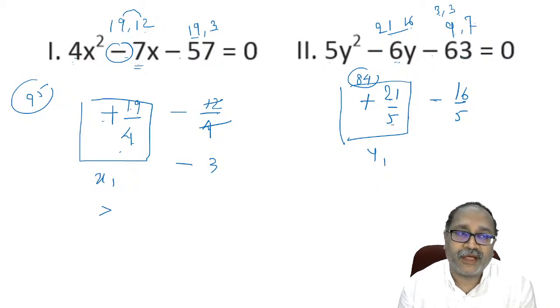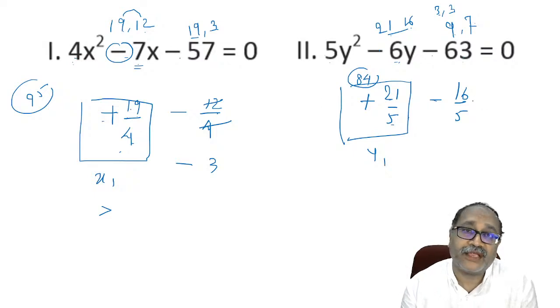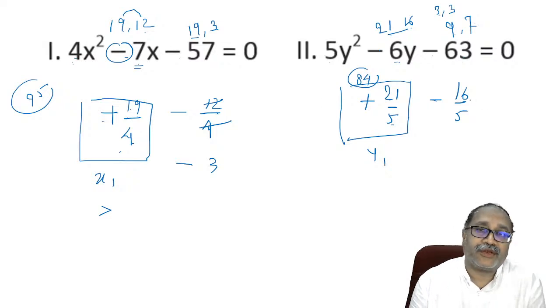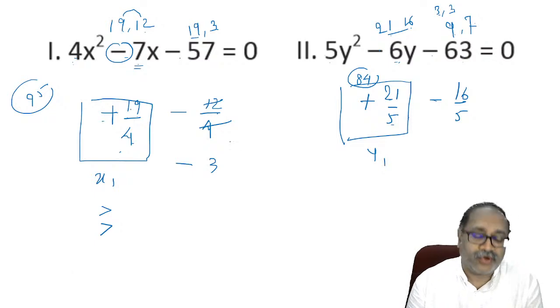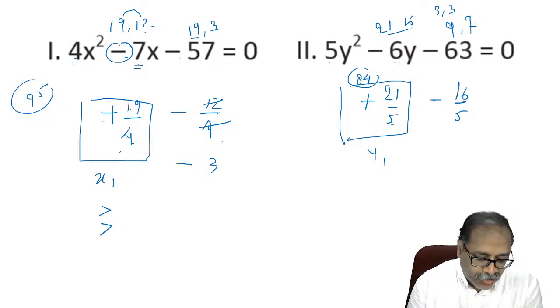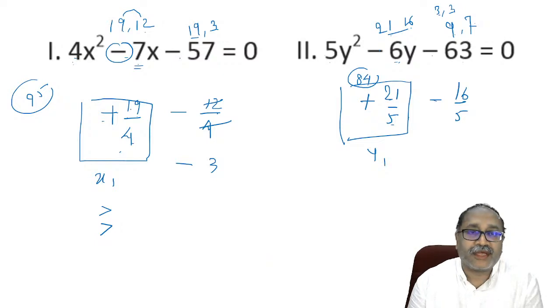Okay. Let's look at x1 and y2. The y2 is negative. Therefore, the x1 is greater than y2. Let's come to x2. Any comment here? Cannot be determined. Is it? So the next one, it is x2.